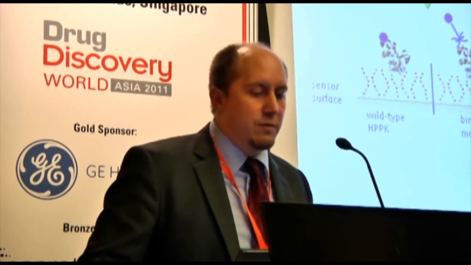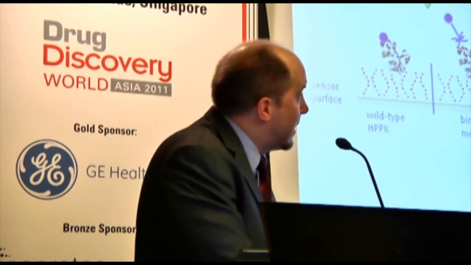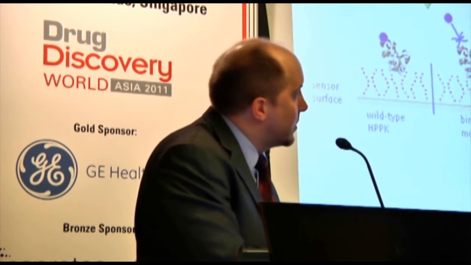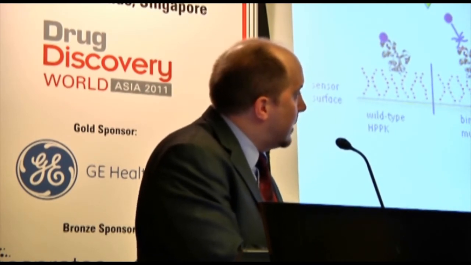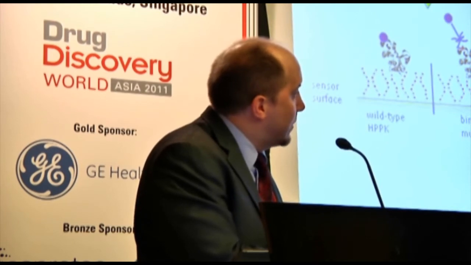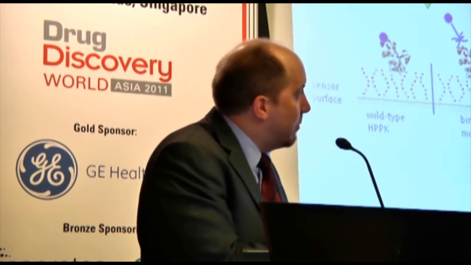Screening the compounds of interest, in this particular case, they could quite rapidly find some real binders. What you see here is the wild type response minus the response to the binding site mutant. And you can quite quickly find the real binders here.